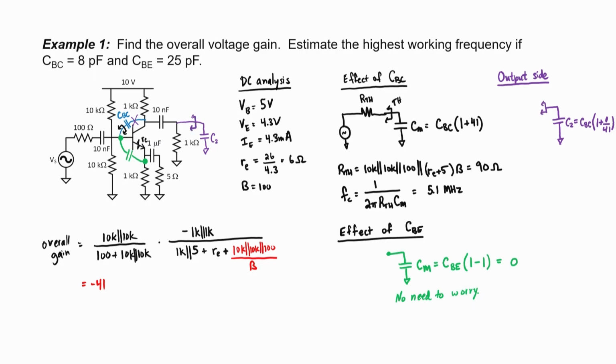To the left, we're going to have some Thevenin equivalent resistance, and again, we have something that looks like a low-pass filter. In this case, RTH is just 1 kilo ohm from our load in parallel with 1 kilo ohm from our output impedance, so it's about 500 ohms. When you plug in the values, you wind up with a corner frequency of about 39 megahertz. It shows that the output side is less of a problem than the input side.